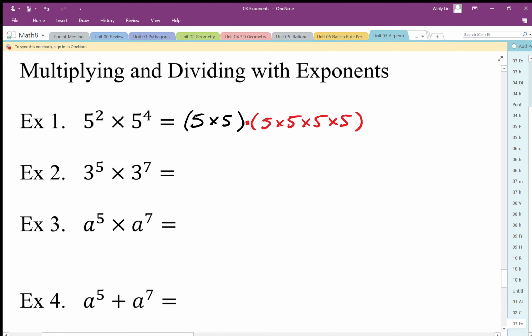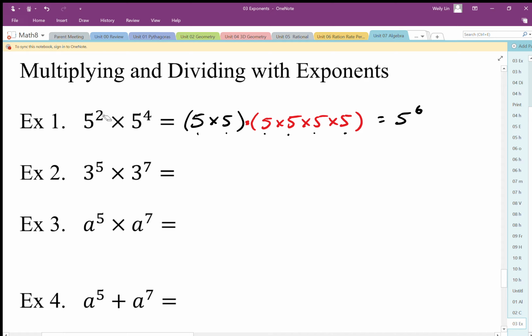Well, if that's the case, then I can just count up the 5s and rewrite it with an exponent. So my multiplier is 5, and I can count 1, 2, 3, 4, 5, 6 times I use 5, so my exponent is 6. Now there's a much easier way to do this, because since this is connected with multiplication, and remember that we can only connect powers with times, we cannot connect powers with plus.